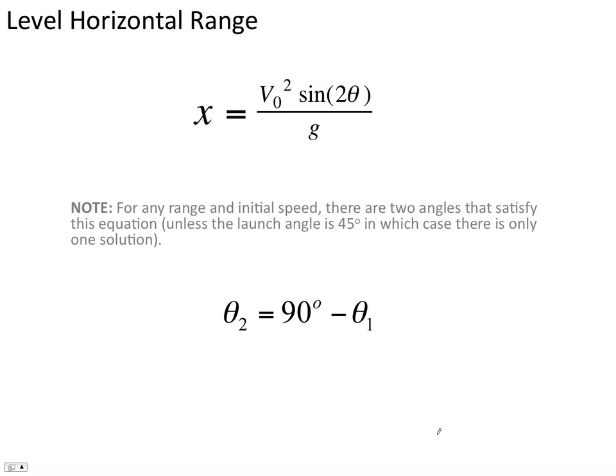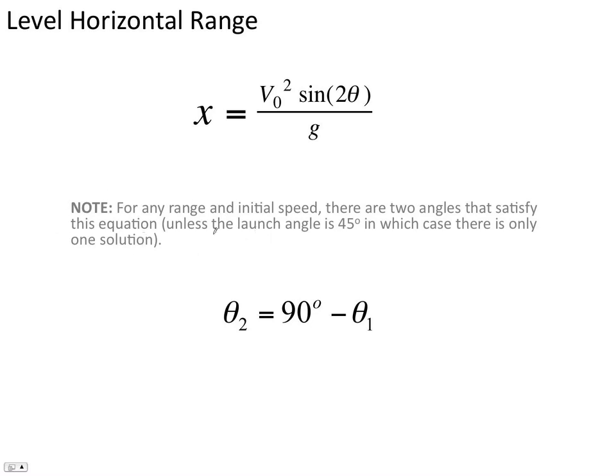Okay, so this is the equation that we just derived relating x, the horizontal range, with the launch angle if we know the initial velocity of a projectile for level horizontal range, when the vertical position of the landing is the same as the vertical position where the projectile took off.